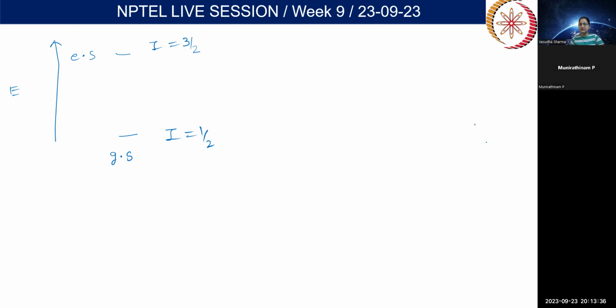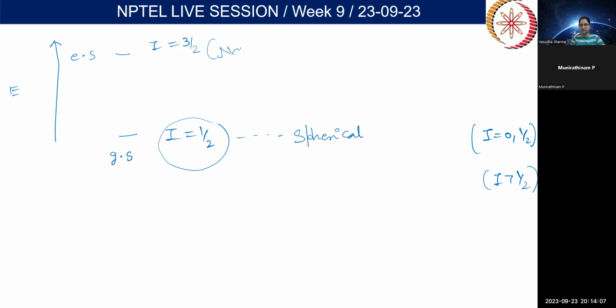So we said that I equals 0 or half is spherical, and I greater than half is non-spherical. I equals 1 by 2 is spherical. So this one is spherical, therefore it is not going to have any effect, whereas 3 by 2 is non-spherical.